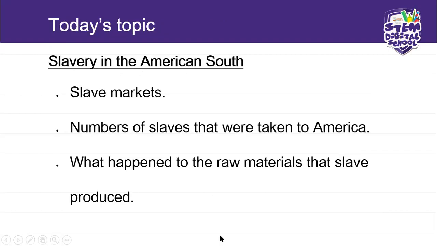And then for today's topic, we're going to look at slavery in the American South. We're going to look at these subtopics: slave markets, numbers of slaves that were taken to America, and what happened to the raw materials that slaves produced. So those are the topics that we're going to look at today.